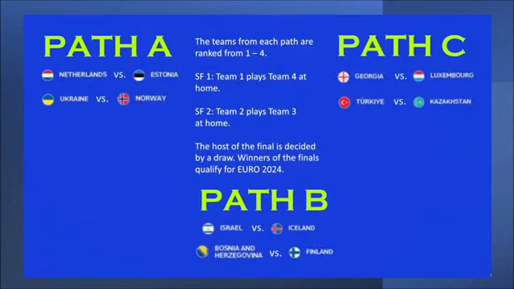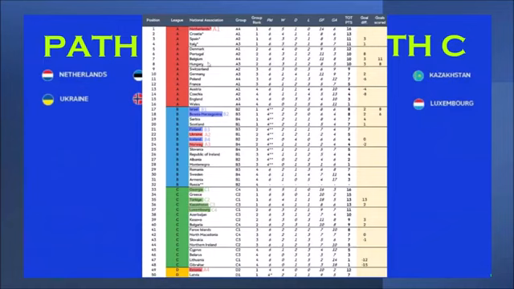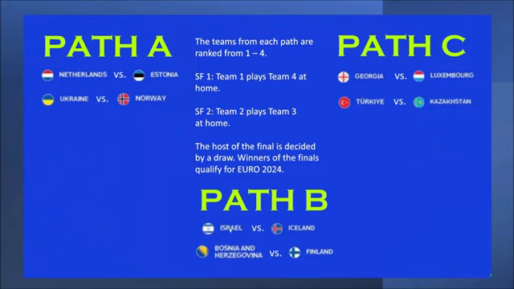Now those would be the matchups resulting from the seeding. Team 1 from each path plays team 4. So the better seeded team always has home advantage in the semifinal. And semifinal 1 is always with team 1. So you saw you have Netherlands, Israel and Georgia, and those 3 are the hosts of semifinal 1, and the others are semifinal 2.